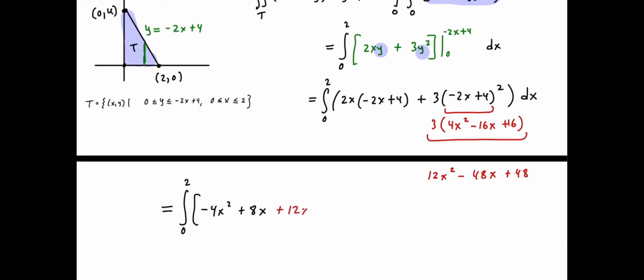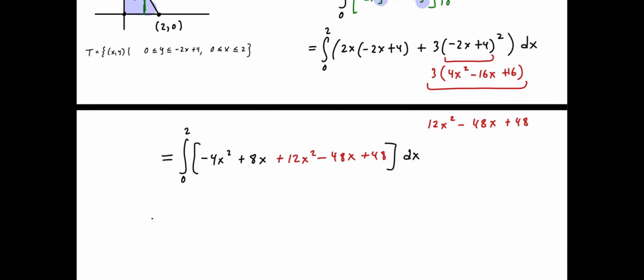This is positive 12x squared minus 48x plus 48. Okay, I hope you got the same thing as me. Then we have dx. Let's combine some like terms. If I combine like terms, I'm going to get the integral from 0 to 2 of 8x squared minus 40x plus 48.